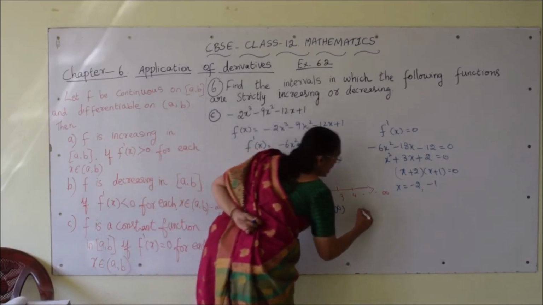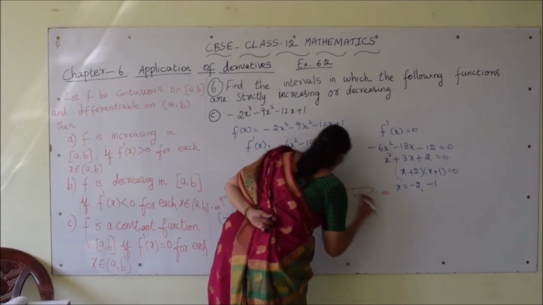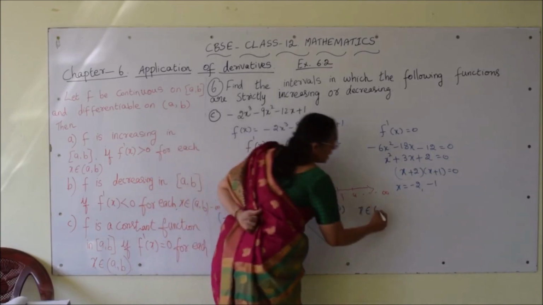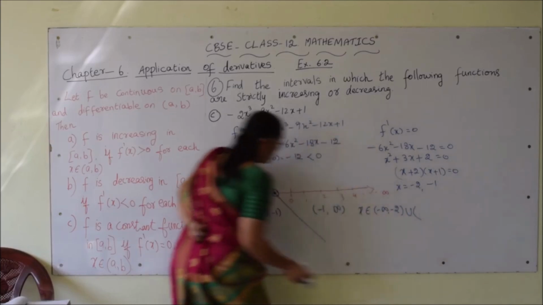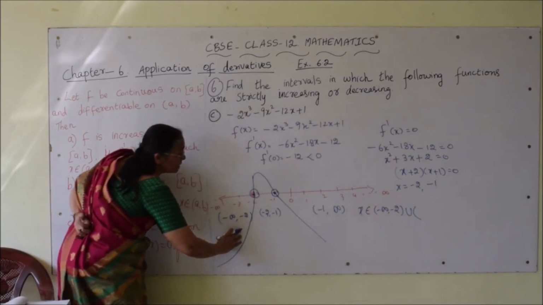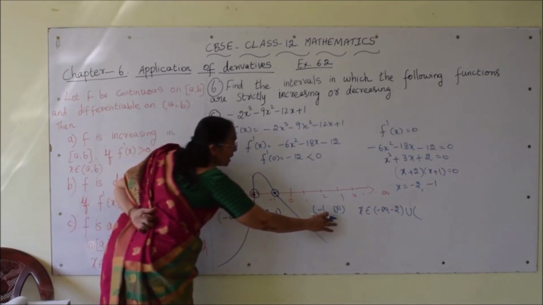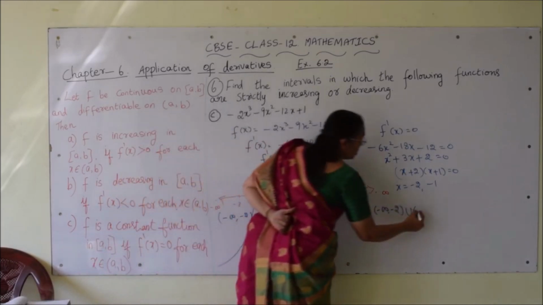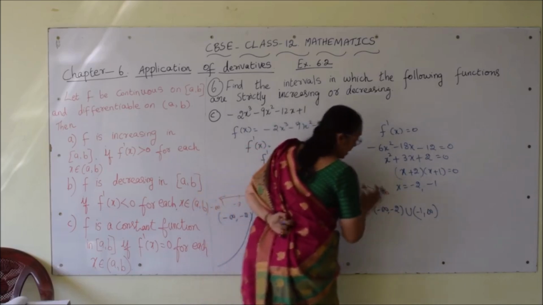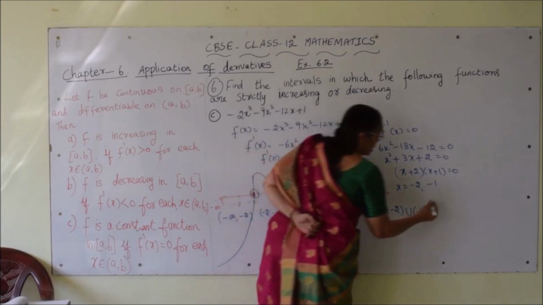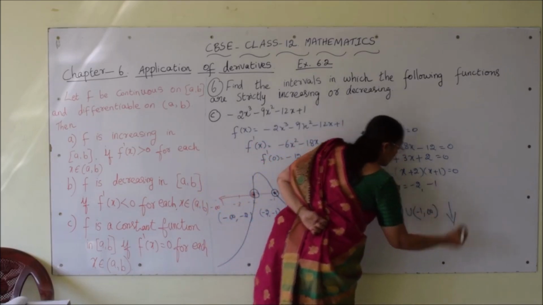For x belonging to minus infinity to minus 2, union minus 1 comma positive infinity, the function is below the x axis, that is, in the negative y region. So the function is decreasing.